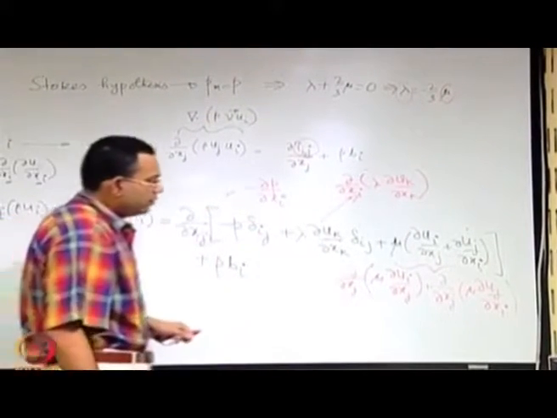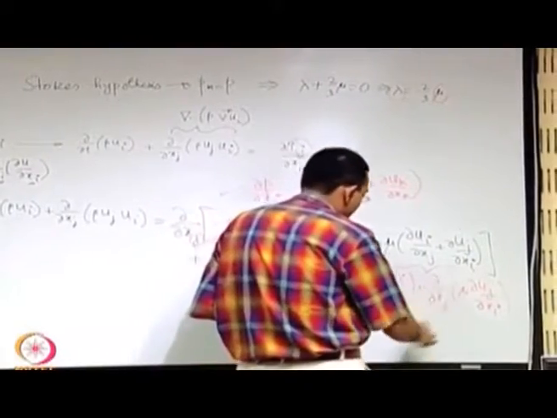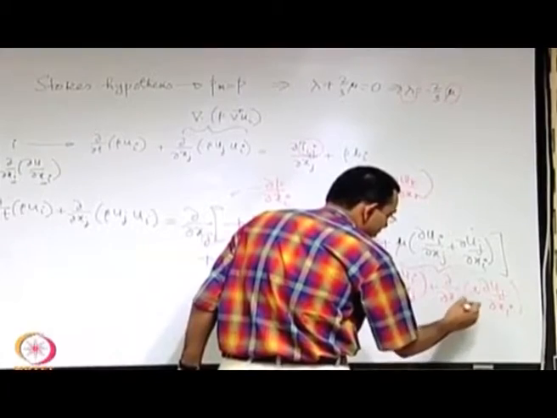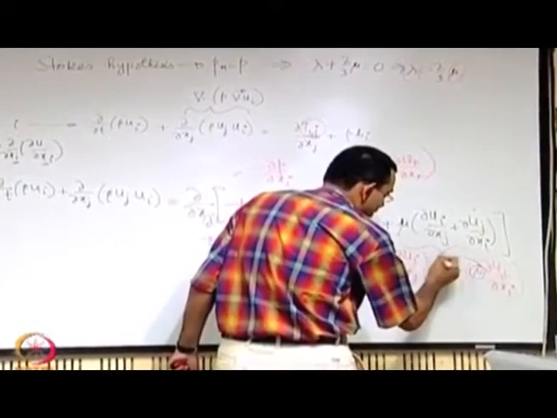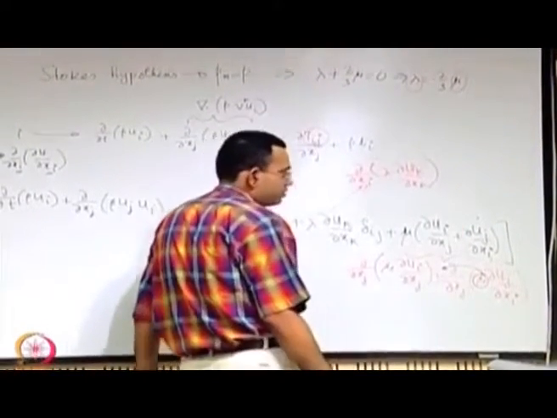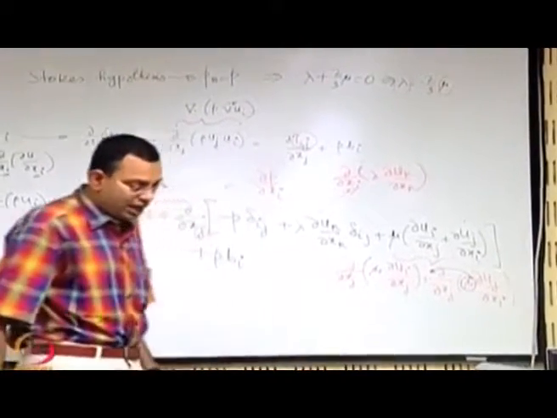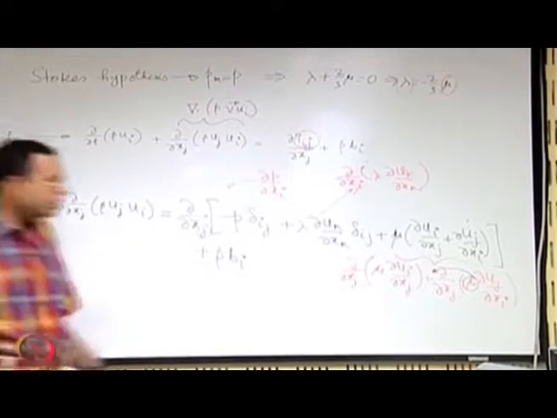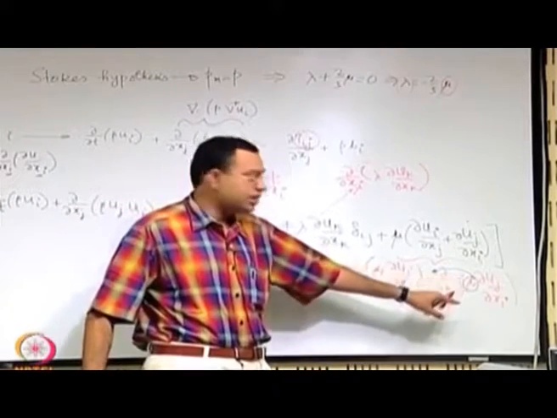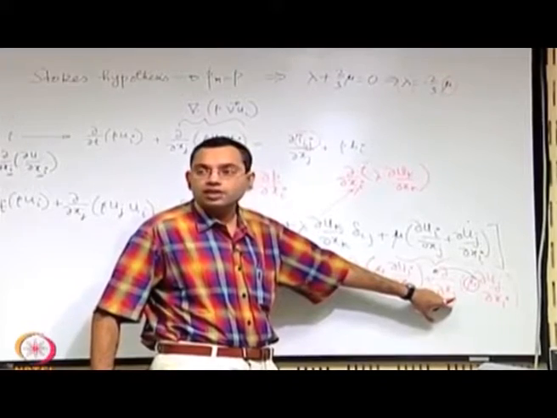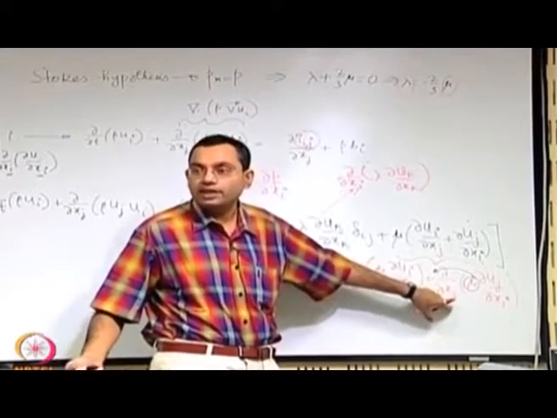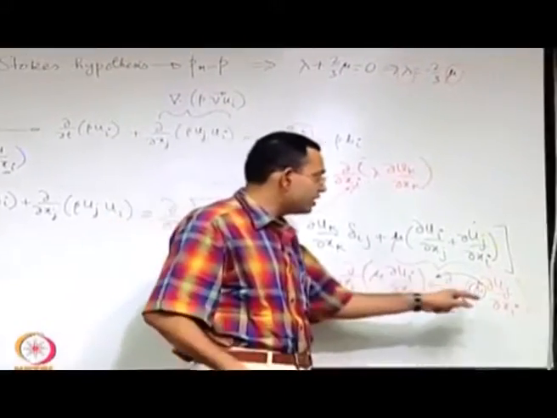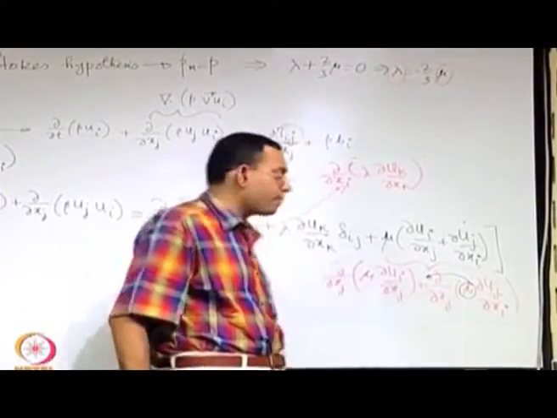Now, if you take the mu out of the derivative, say for this term, if it is a constant, it may not be an absolute constant, mu may be a function of time, say as an example, but the important thing is it is position independent, because these are derivatives with respect to position, and for a homogeneous fluid it has to be like that. So, our earlier assumption of homogeneous fluid is not inconsistent with this one.